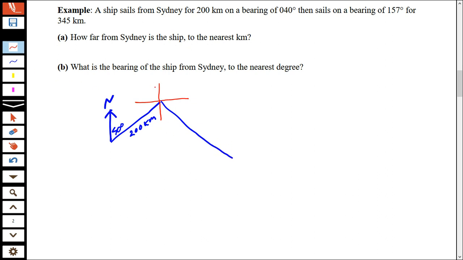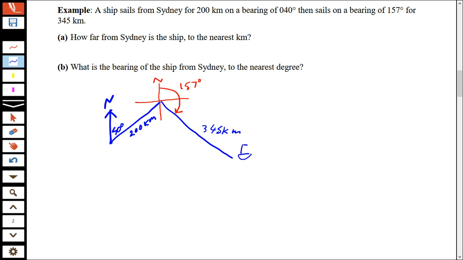So this angle here, clockwise from north, is 157 degrees. And the distance travelled is 345 kilometres. How far from Sydney is the ship to the nearest kilometre? Now Sydney is here, just here. The ship is here.